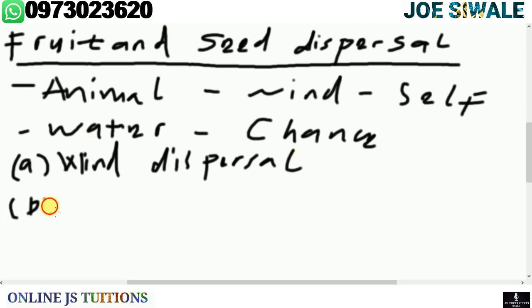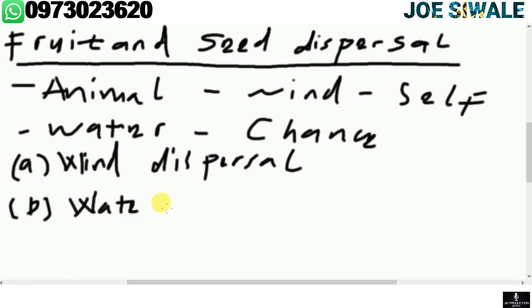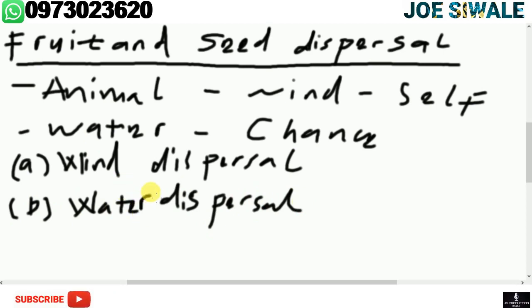Let us look at water dispersal. As the name suggests, this means that dispersal occurs through water. For this type of dispersal, the fruits have airspace in the mesocarp, making them light and able to be carried by water.